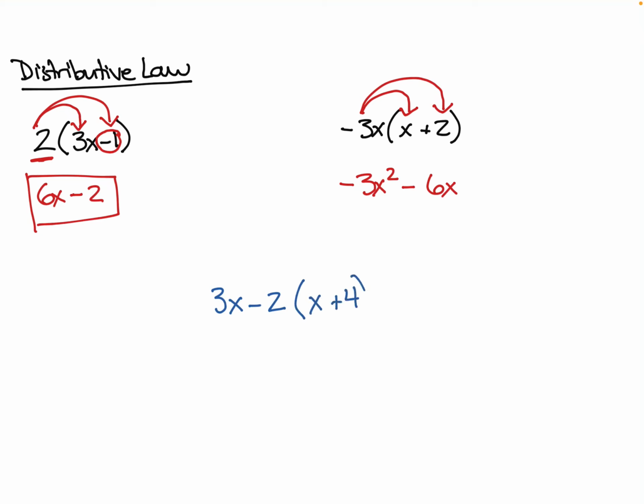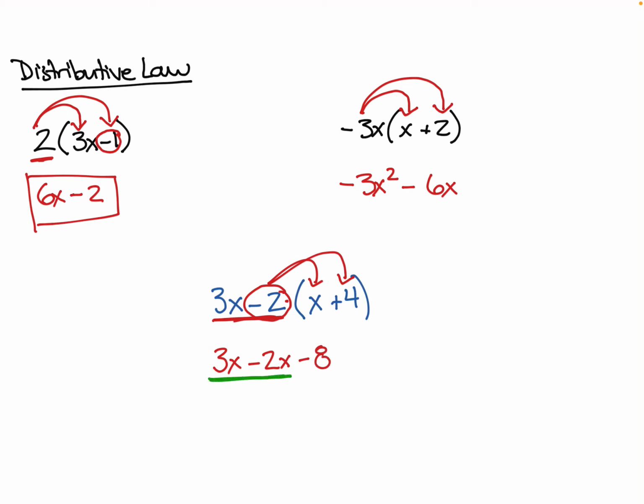For a question like this, the 3x just stays and waits around for a few minutes. And then we're going to take the symbol with the term, and multiply that into the set of brackets. So negative 2 times x gives us negative 2x. Negative 2 times positive 4 gives us negative 8. And then we would look to see if we have any like terms and combine them if we do.